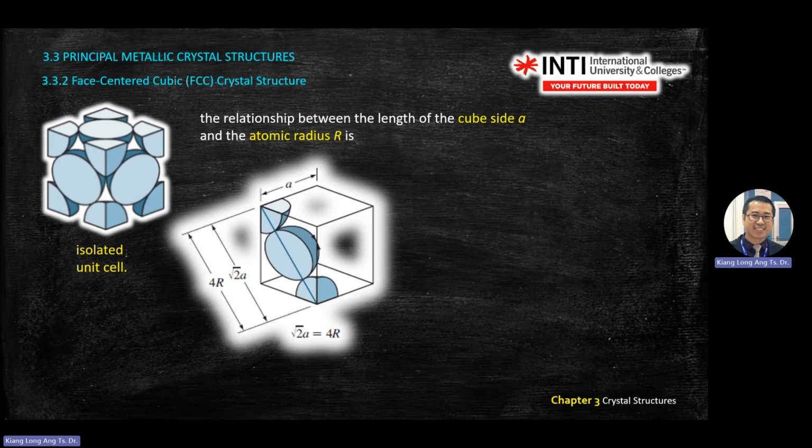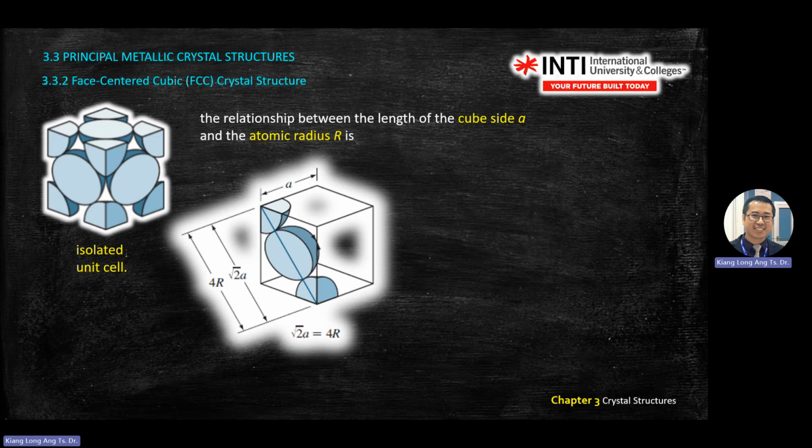So that's what you see here on the screen. You should be able to tell how to calculate this purple line. You should be able to get the square root of 2 by using trigonometry. How? What is the side? a.